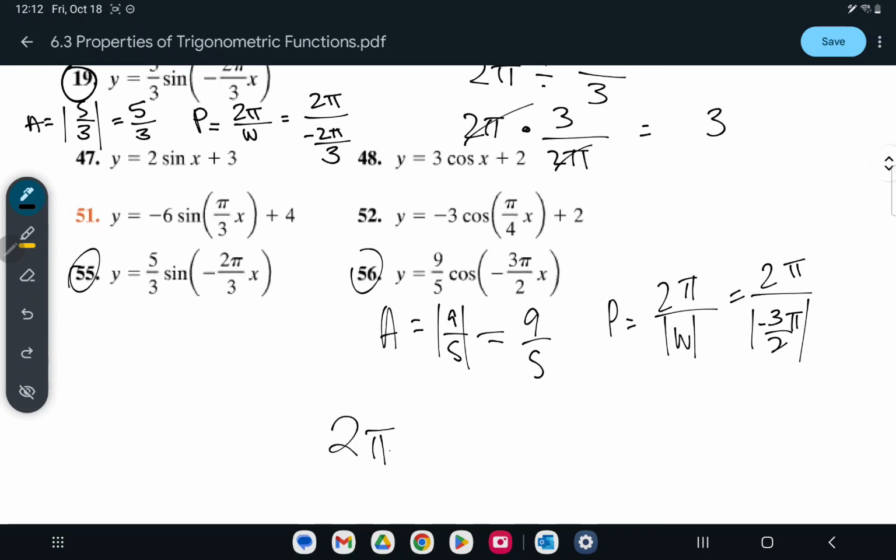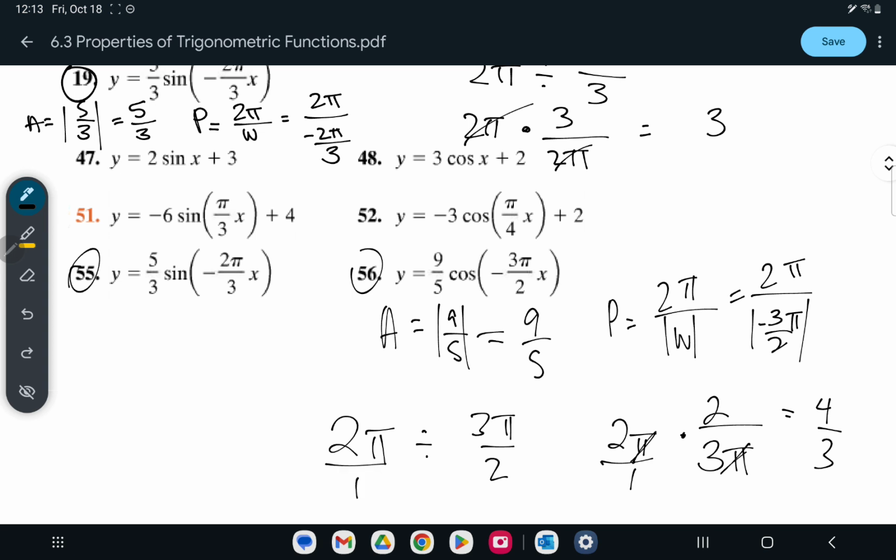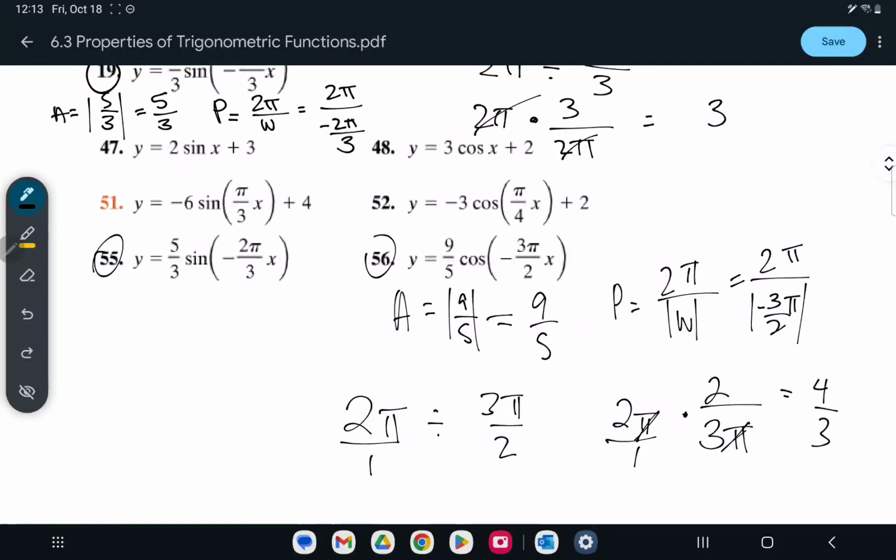That's really 2 pi divided by 3 pi over 2, which is 2 pi times 2 over 3 pi. The pi's cancel, and I'm left with 4/3. Which is really 2 pi over 1, I should put that.